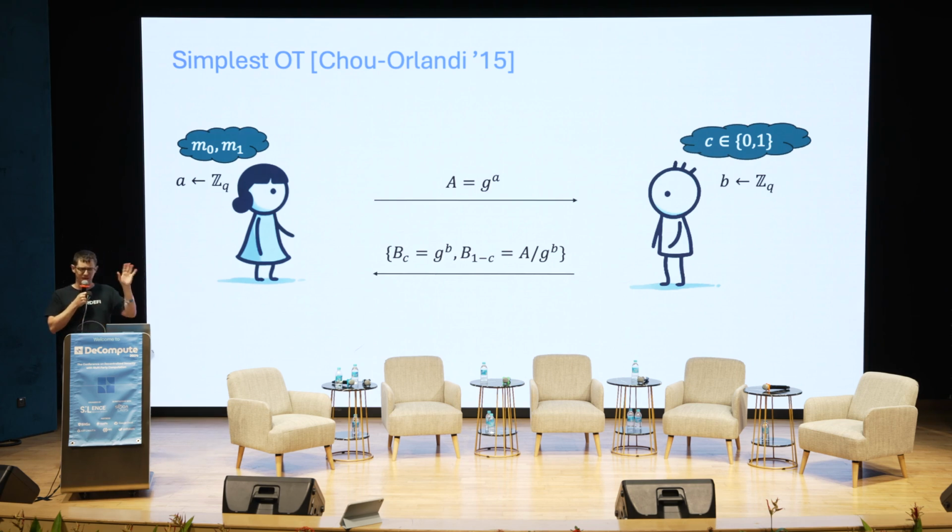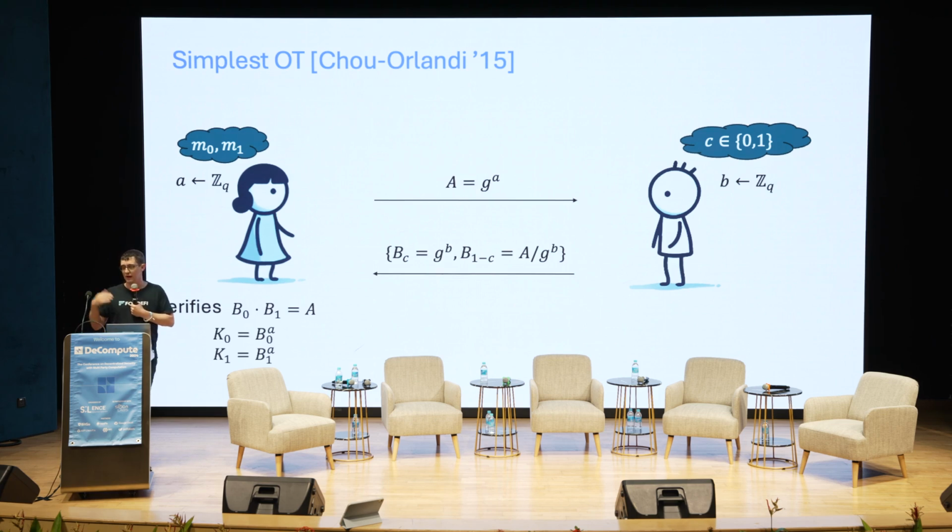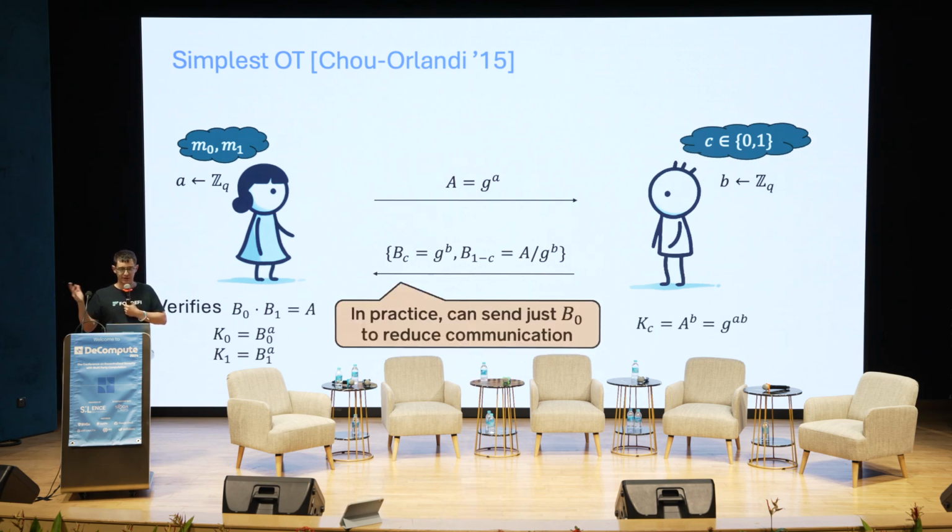I'm slightly changing the notation relative to the paper to explain it in simpler terms. Basically, the receiver sends two public keys to the sender, and the sender can verify that the two keys multiply to the sender's public key A, and then, as in the general recipe, use those two keys to encrypt the two messages and send them to the receiver. The receiver computes the shared key and can decrypt.